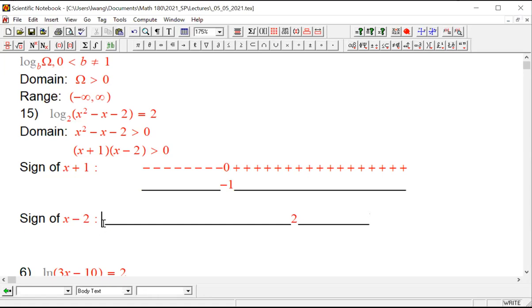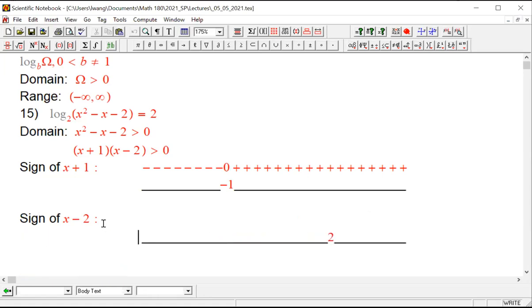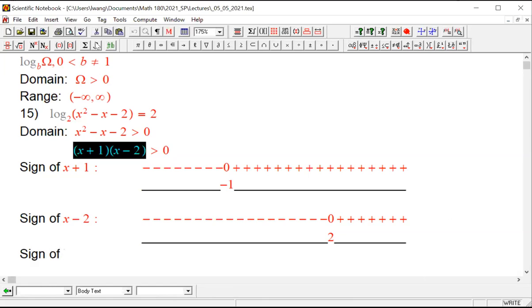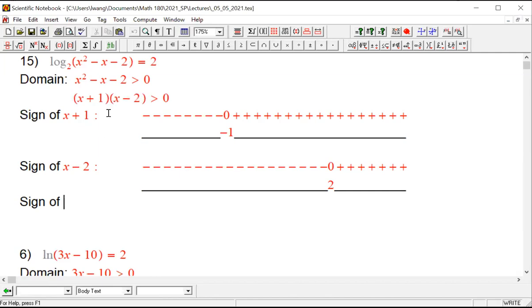And the next one, this sign is going to be negative, zero, positive. And then in the end, it's the sign of the product. Remember all of these? That's one way to do it.